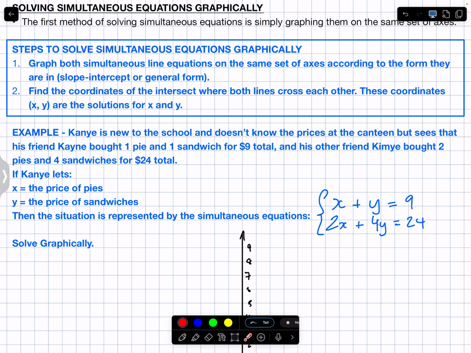Get yourself in. Graphing simultaneous line equations.